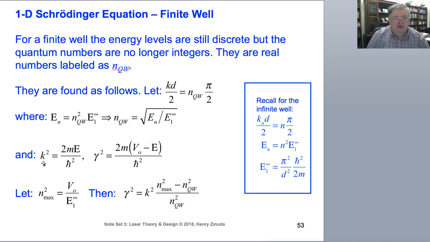Remember what k squared and gamma squared were. Let me define a quantity n max, which is V0 over E1 infinity. If I do that, then I could simplify the writing and write gamma squared as n max squared minus n quantum well squared, over n quantum well squared.